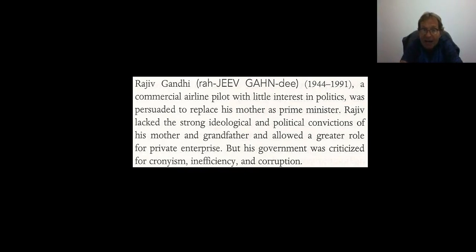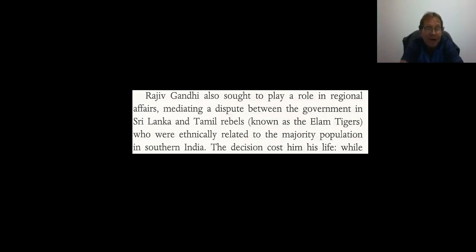Rajiv lacked the strong ideological and political convictions of his mother and grandfather and allowed a greater role for private enterprise. But his government was criticized for cronyism, inefficiency, and corruption. Rajiv also sought to play a role in regional affairs, and he mediated a dispute between the government in Sri Lanka and the Tamil rebels, the Tamil Tigers, who were ethnically related to the majority population in southern India.